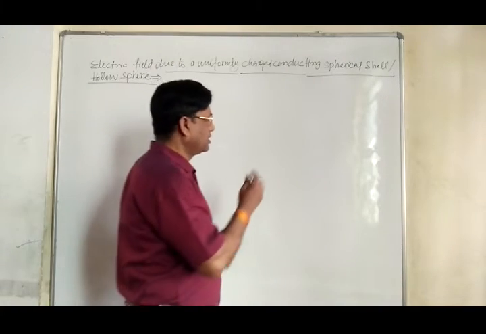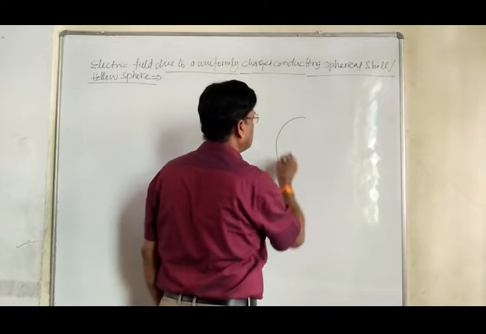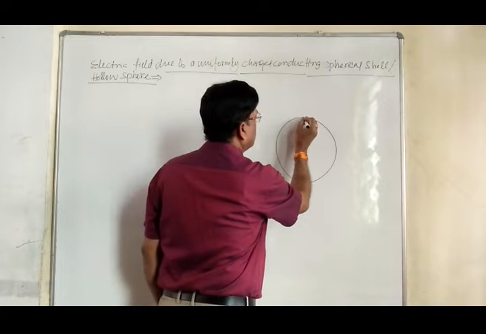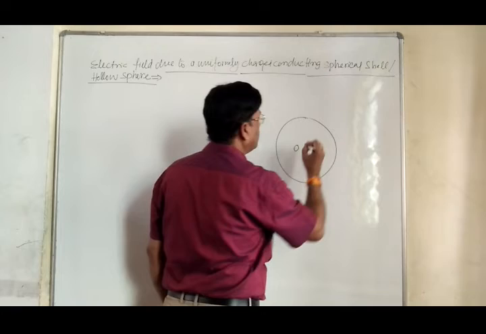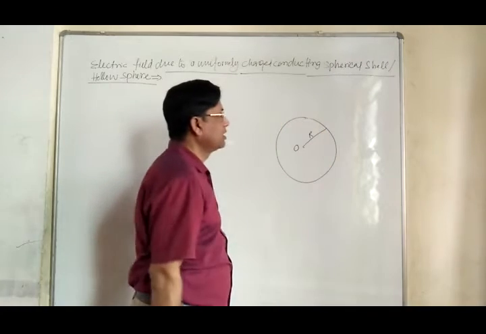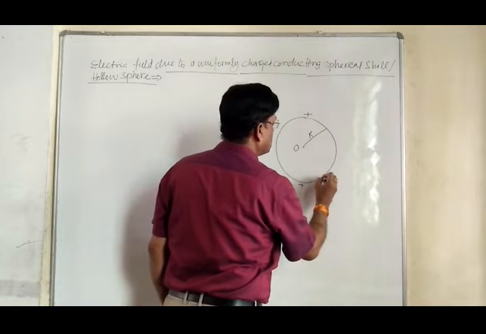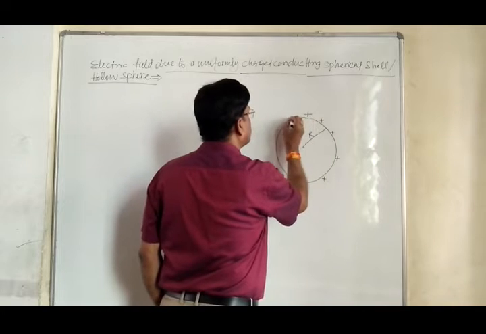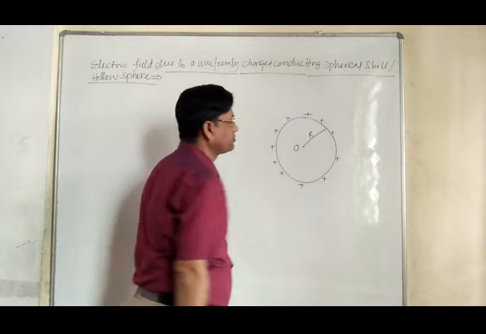Consider a uniformly charged sphere with its center O and radius R. A sphere is uniformly charged, means charge is distributed everywhere over the surface of the sphere. This is the uniformly charged sphere.